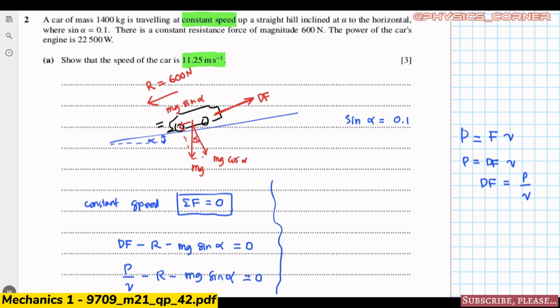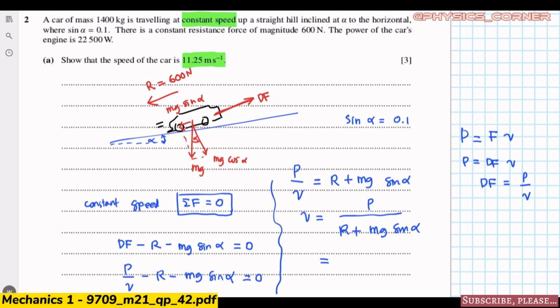From this, P divided by V equals R plus mg sine alpha, or V equals P divided by R plus mg sine alpha.